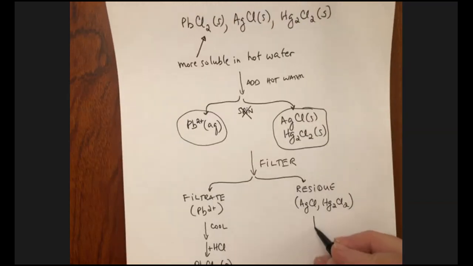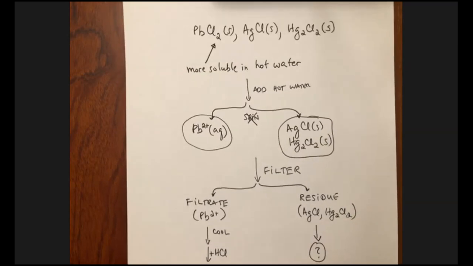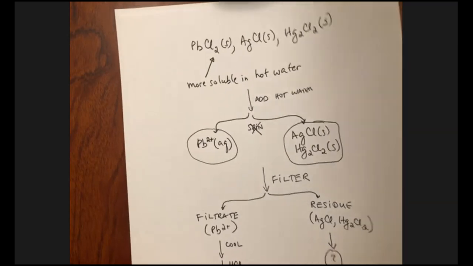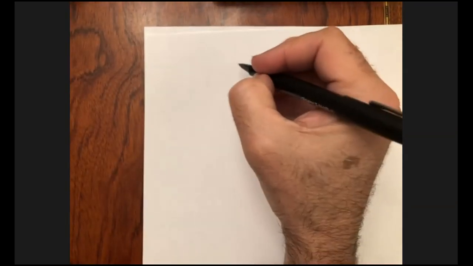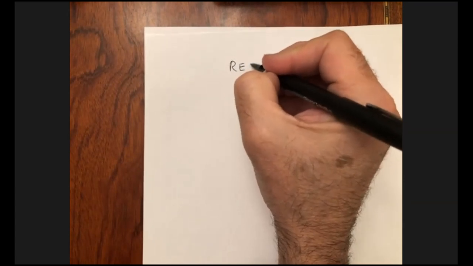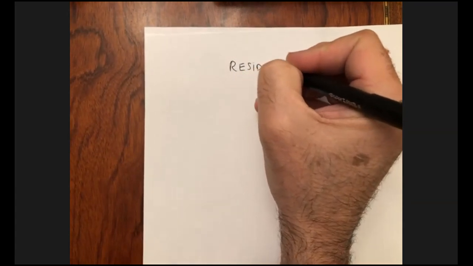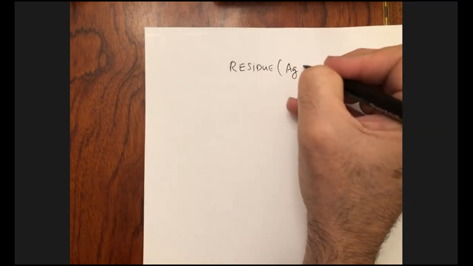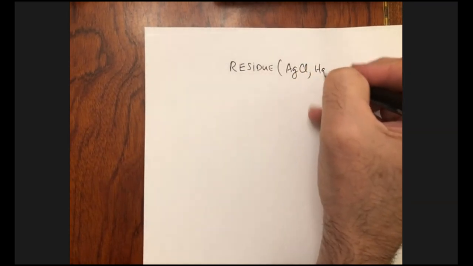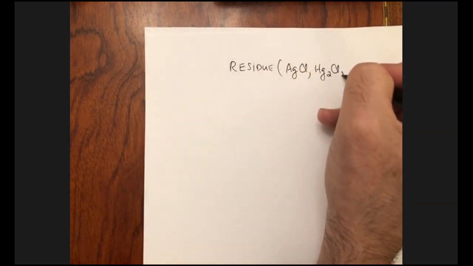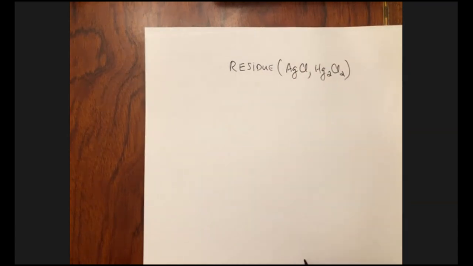Now let's see what we're going to do with the stuff that was left on the filter paper. So remember, at this point, you have a residue that has your silver chloride and your mercury-1 chloride.